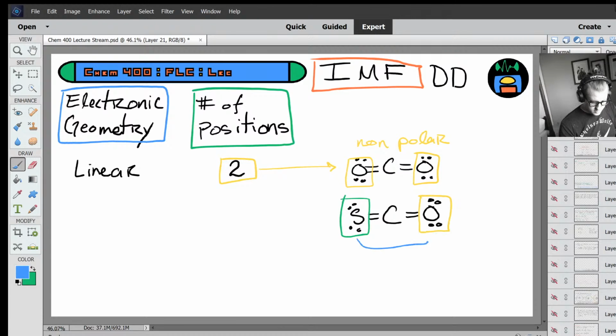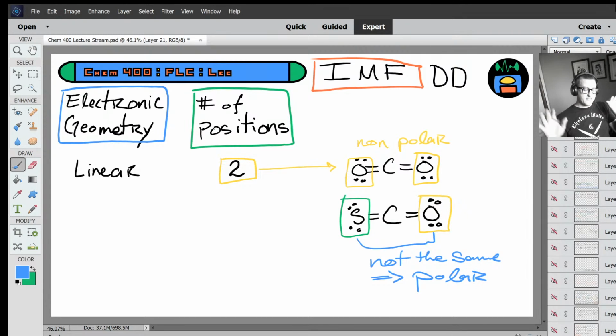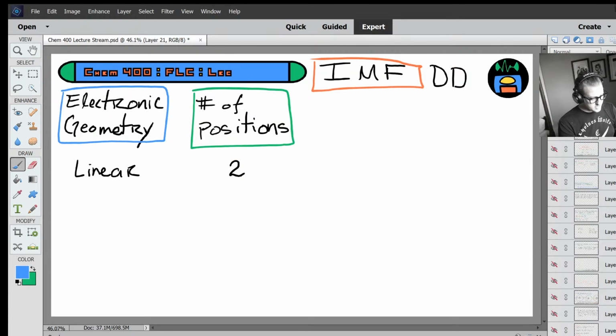These are not the same. Therefore, this molecule would be polar. All right? You have to have the same thing on both positions. Since sulfur is different than oxygen, we will have a molecular dipole in this molecule. Let's talk about trigonal planar.